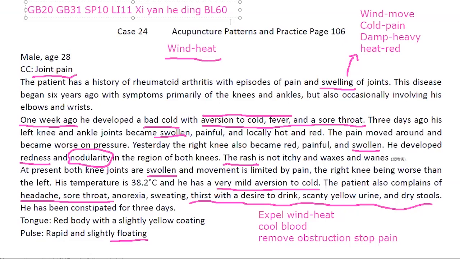So basically, you choose the points to match your treatment principle. Like in this case, with the treatment principle, we can put number 1, number 2, number 3 here.